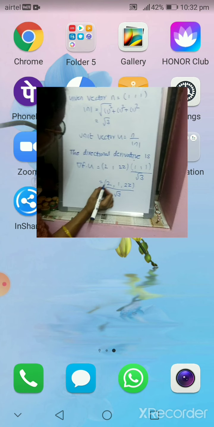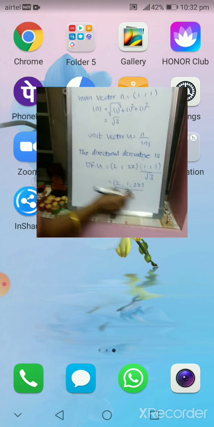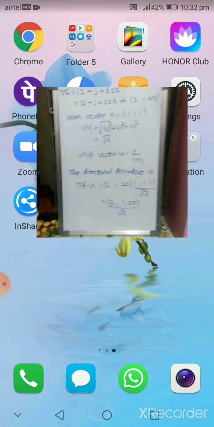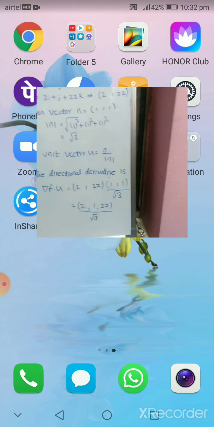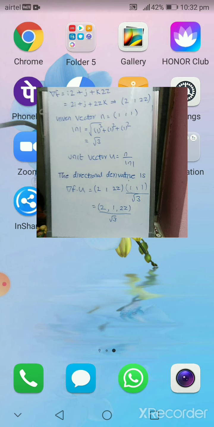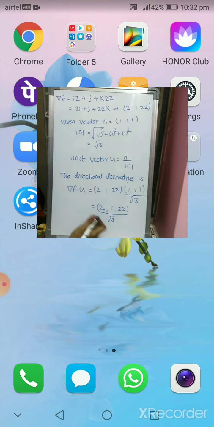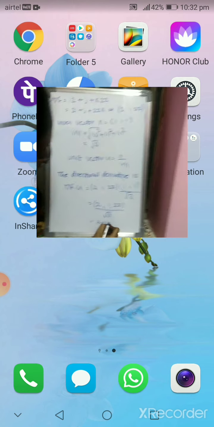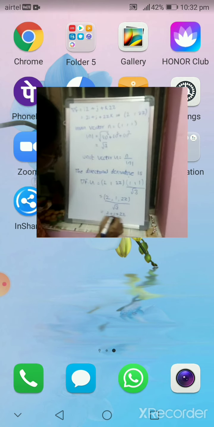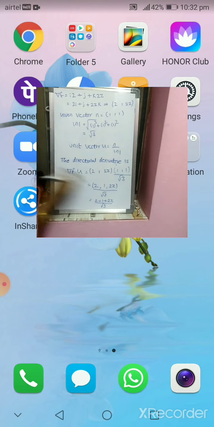So this is del f dot u. So the directional derivative at the origin or at the point can be written as 2 plus 1 plus 2z by root 3.